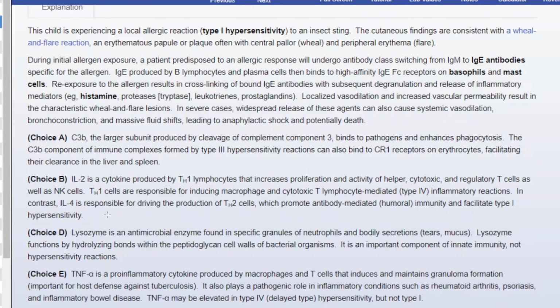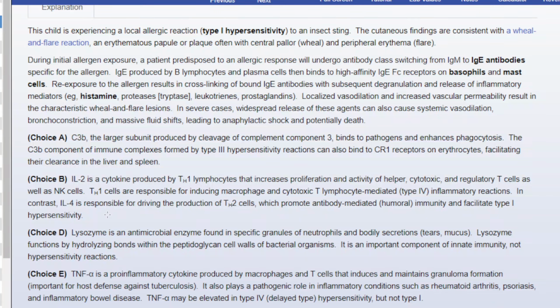Re-exposure to the allergen results in cross-linking of bound immunoglobulin E antibodies with subsequent degranulation and release of inflammatory mediators like proteases, histamine, leukotrienes, and prostaglandins.